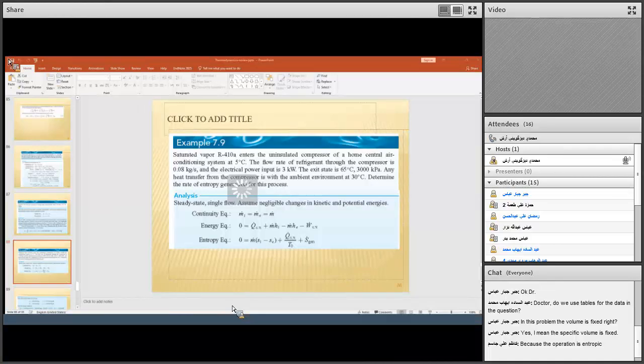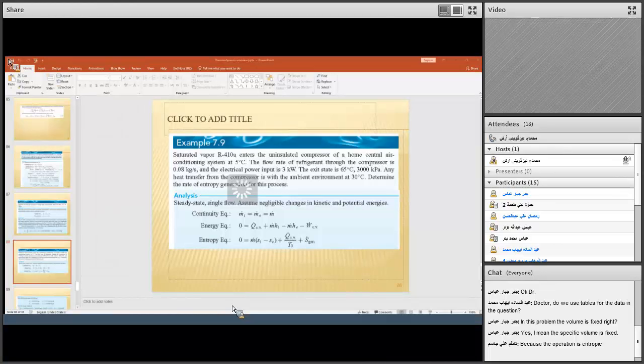So this is a steady state process, single input and single output. We also assume negligible changes in kinetic and potential energy. So what we have: a continuity equation means mass flow rate at inlet equals mass flow rate at exit.